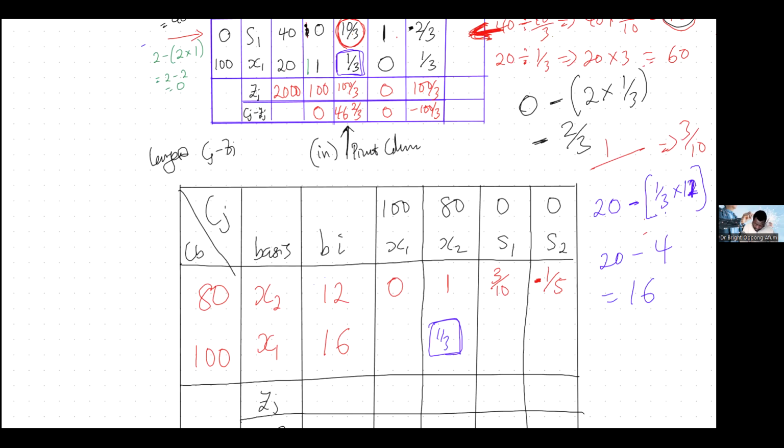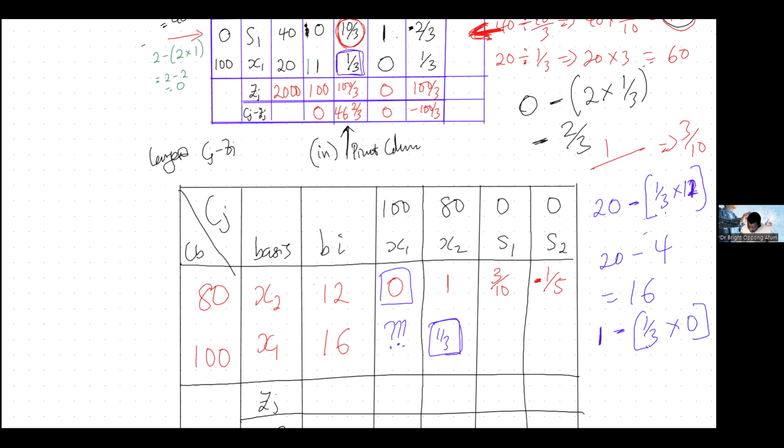Now, what do we do here? The old value here is 1. So the old value 1 minus the 1 on 3, which is still constant, times the new value here, which is 0.